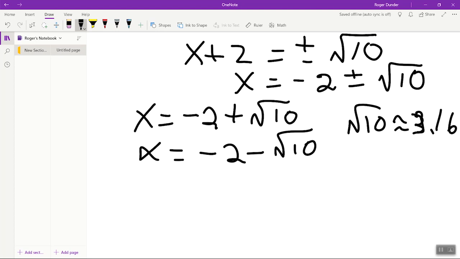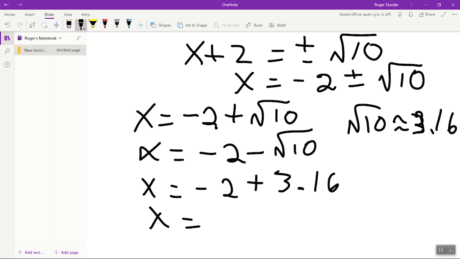So this would be x equals minus 2 plus 3.16, or x equals minus 2 minus 3.16. And in each of these cases, it's approximately equal.